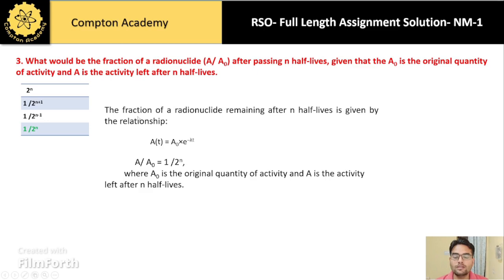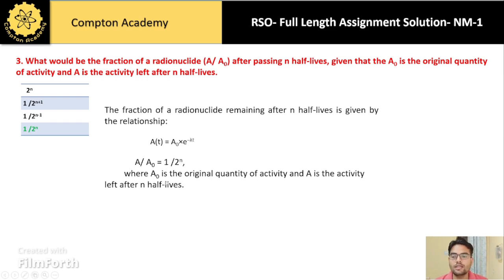The fraction remaining can be calculated using this equation: A_t is the activity after time interval t, A naught is the initial activity, and e raised to the power minus lambda t, where lambda is the decay constant and t is the time elapsed. A upon A naught becomes 1 upon 2 raised to the power n. So this would be the correct option. The activity remaining will be 1 upon 2 raised to the power n after n half-lives.